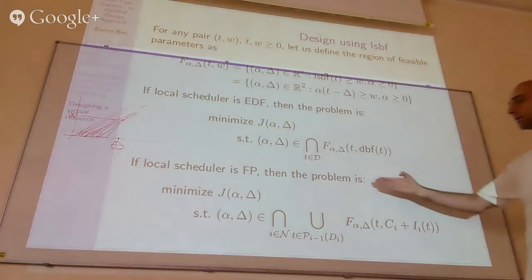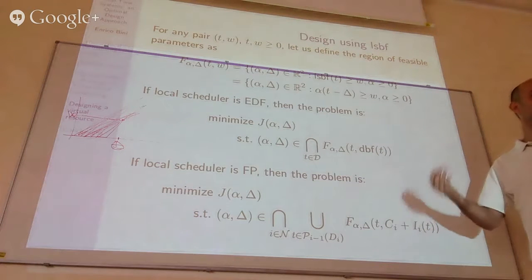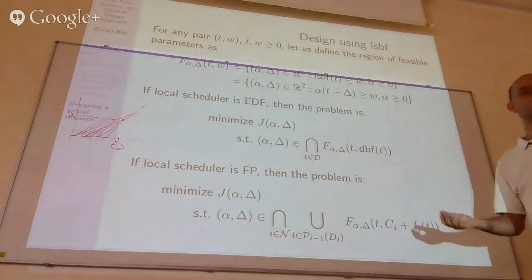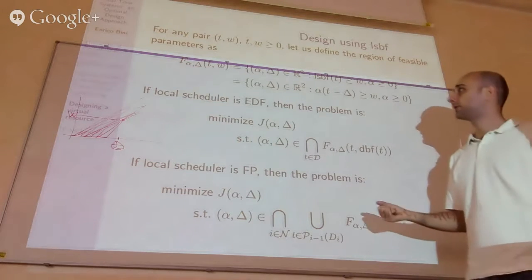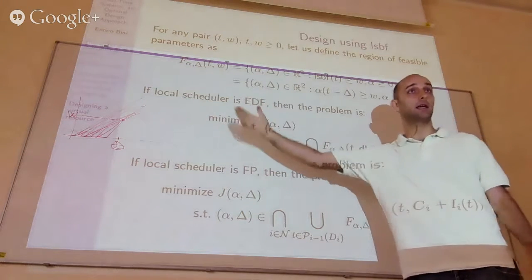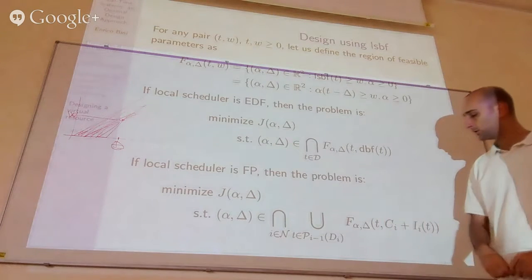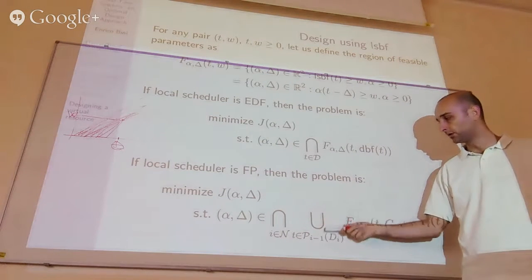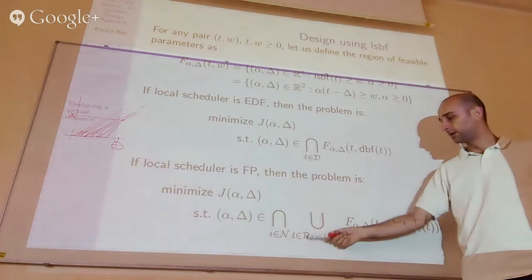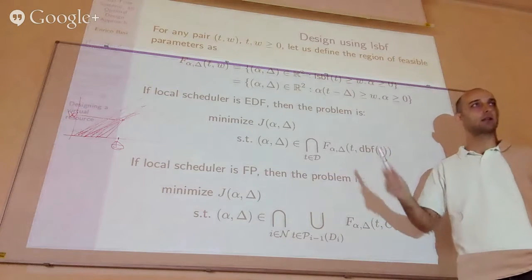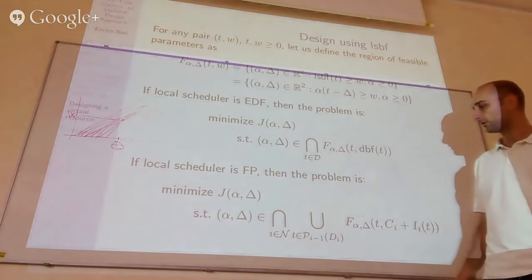If the schedule is fixed priority, since we have exists for all instead of for all t in the deadlines, basically we have to make the union of the points into that strange set that I showed you how to compute in the second class.